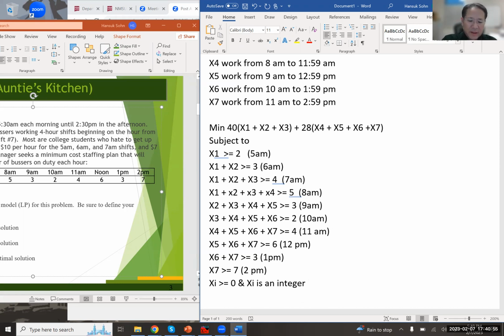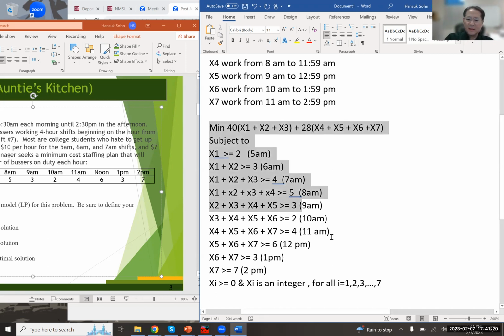So we need to add the general integer restriction for all i from 1, 2, 3, until 7. Combining all together, these are the complete LP model for the Auntie's Kitchen problem.